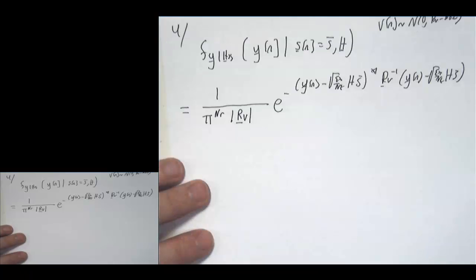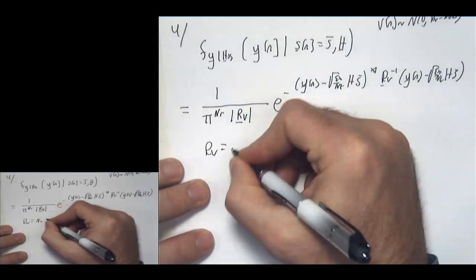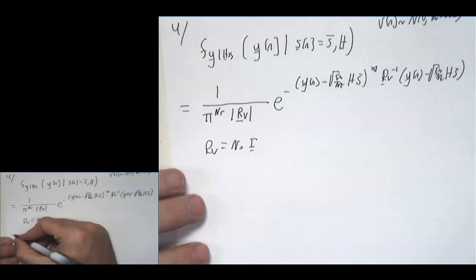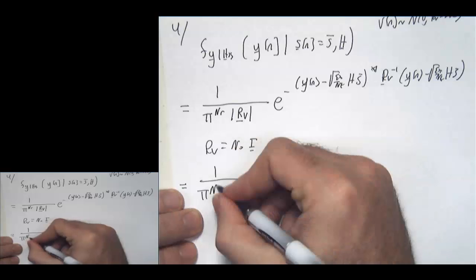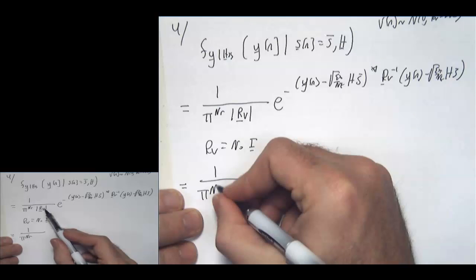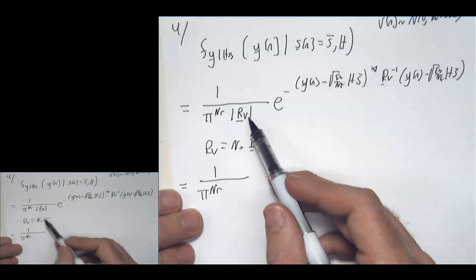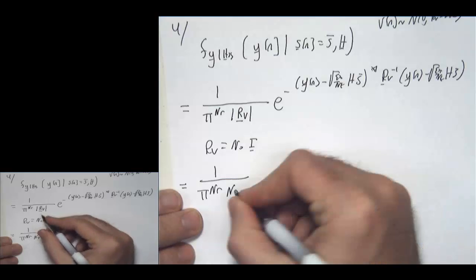Now, first of all, let's use the fact that Rv equals N naught times identity. Then this is equal to 1 over pi to the Nr times the determinant. You have to dig up some old linear algebra results here. The determinant of an identity matrix is the product of the diagonal entries, so it's going to be N naught to the Nr.